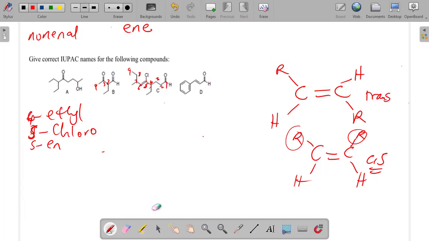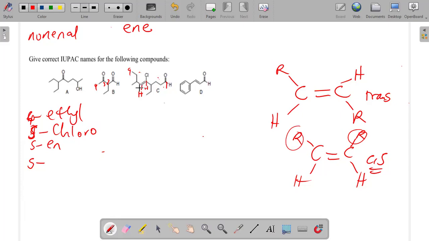So if you look at this compound at position number 5, that's where we have a double bond. At position number 5, what type of isomer are we having? Let me just rub that. If you look at this double bond, we have a hydrogen here and a hydrogen there, so we have hydrogens on the same side. Then on this side we have a chlorine, and on this side we have an R group.